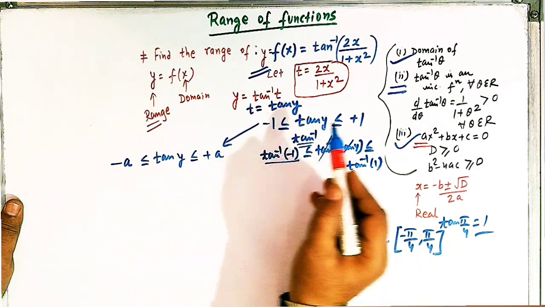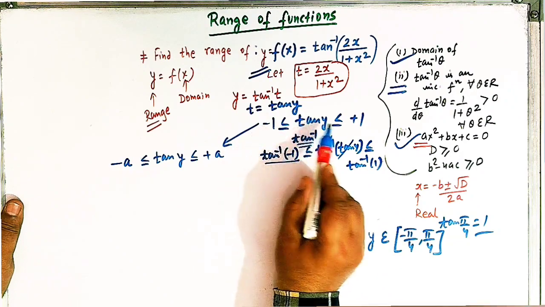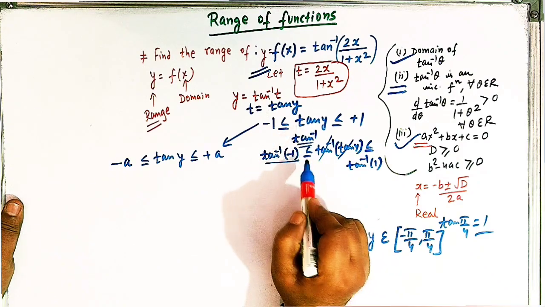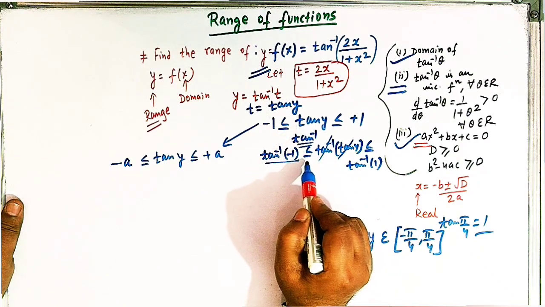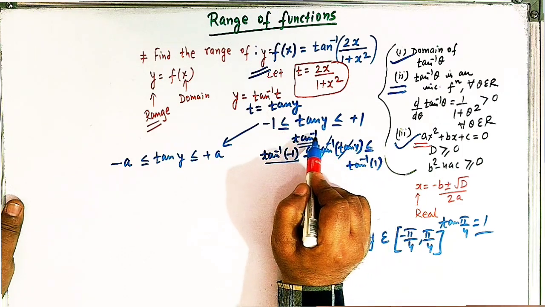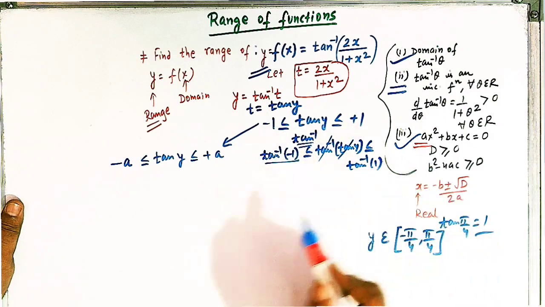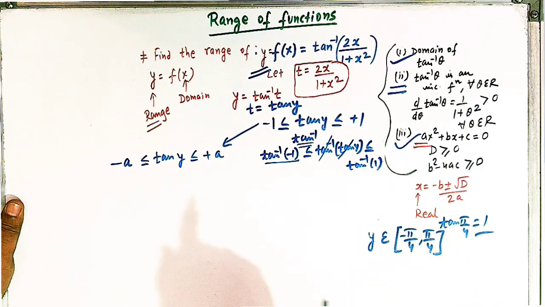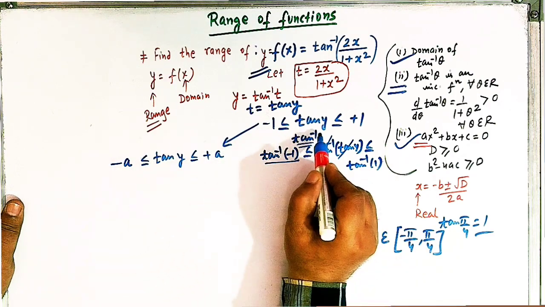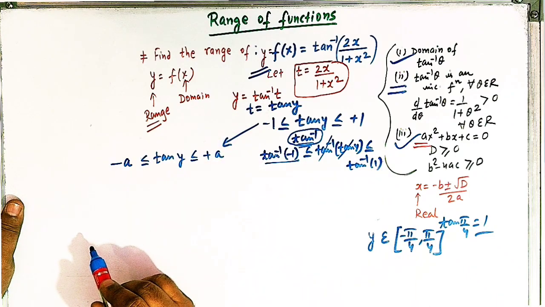So what we have done here, we have taken the tan inverse of all these three numbers, and we have not changed the direction of the inequality, right? So when we have taken the tan inverse of these three numbers, the direction of the inequality remained the same, right?